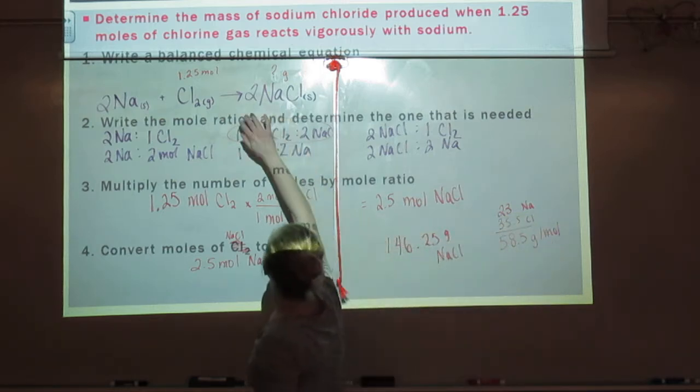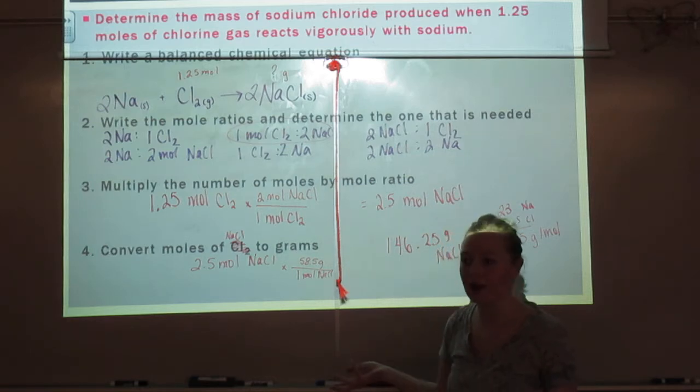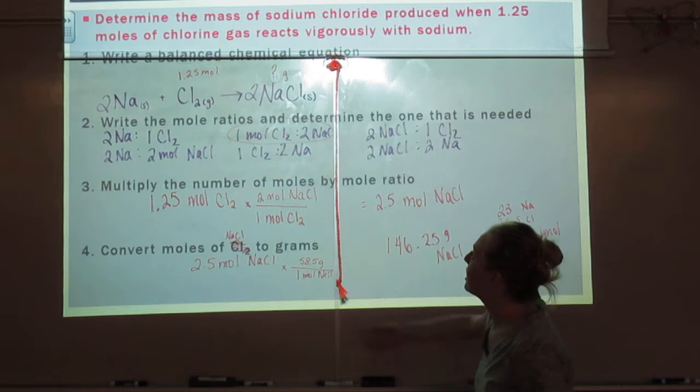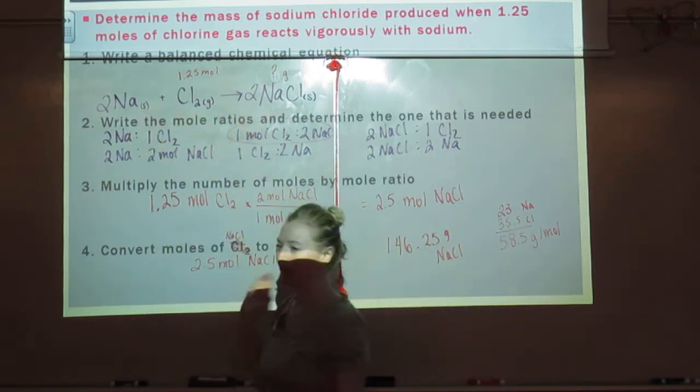So let's say a scientist wanted 500 grams of sodium chloride, or even 500 grams of acetaminophen, which is Tylenol, or 100 grams of salicylic acid, which is aspirin. Then they need to know how much reactant to put in to get their products.